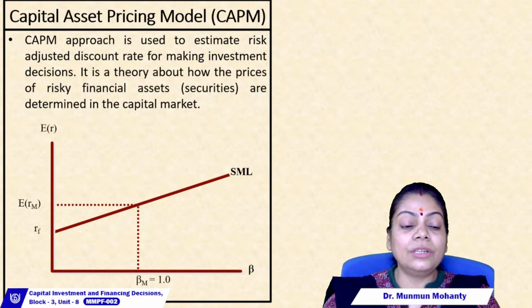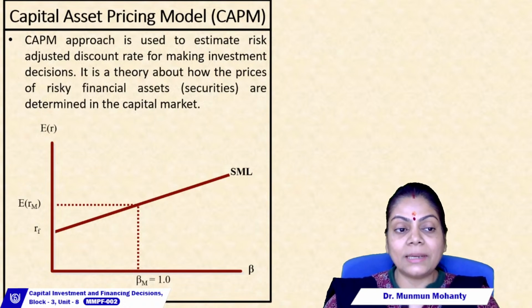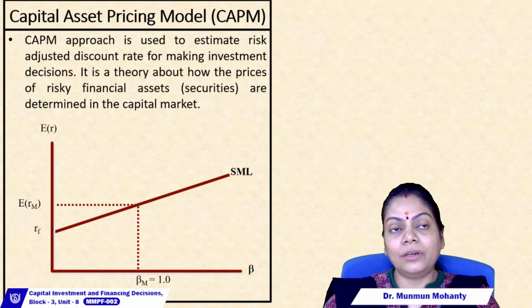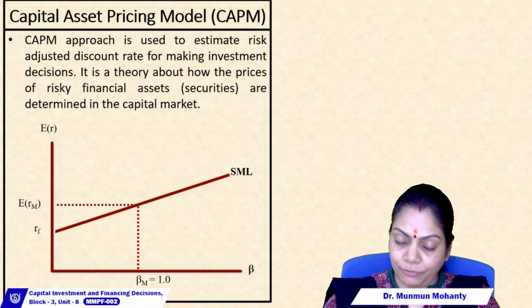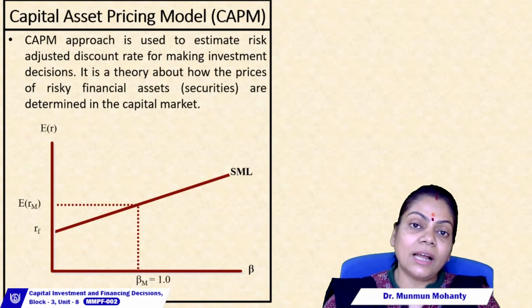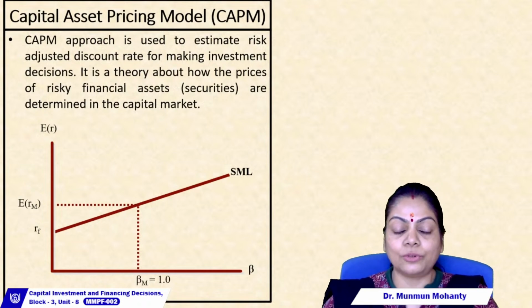Here in this graph, on the y-axis, I am depicting the expected return, and on the x-axis, we are depicting the systematic risk of the company. CAPM talks about a company, not about a project. We will try and see how CAPM can be used for a project also.